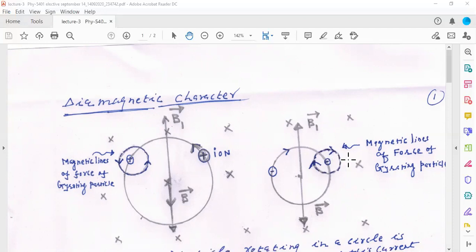So there is an increase in the magnetic field outside the orbit. But the additional magnetic field inside the orbit is opposite to the applied external magnetic field, and this is the diamagnetic behavior of the gyrating charges here.